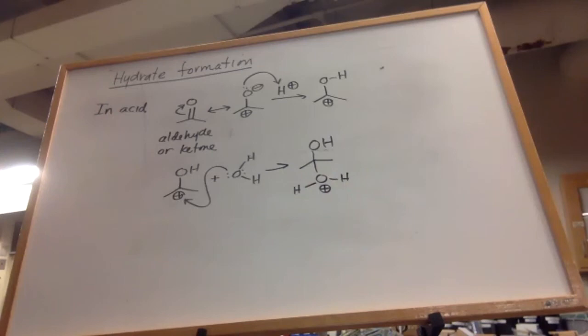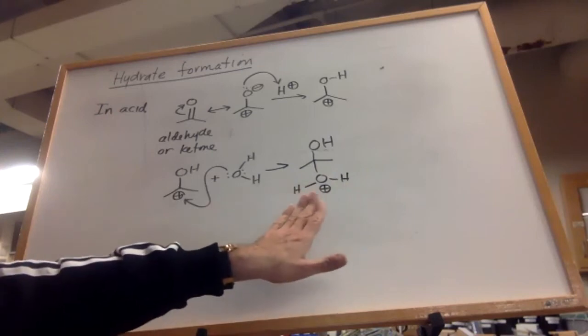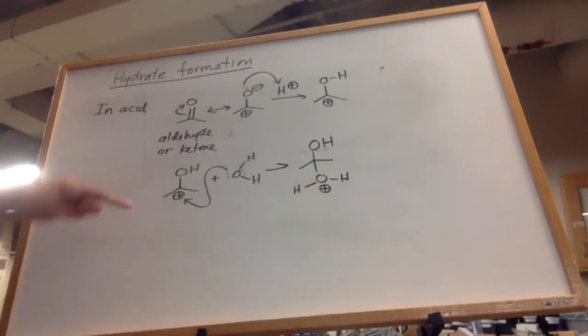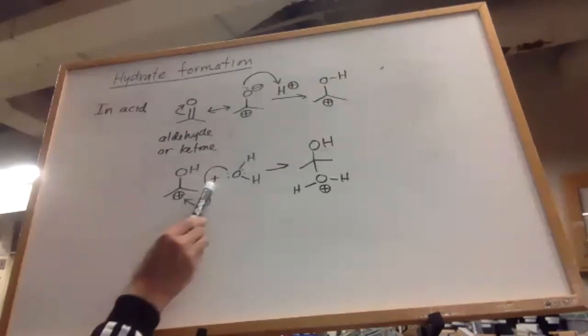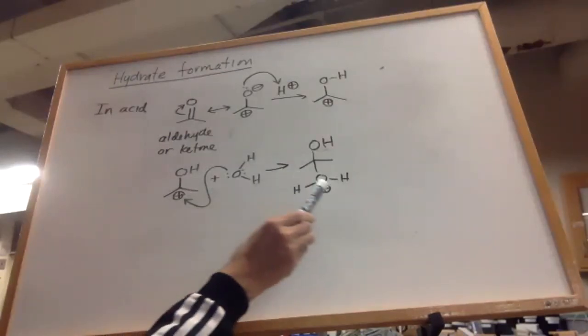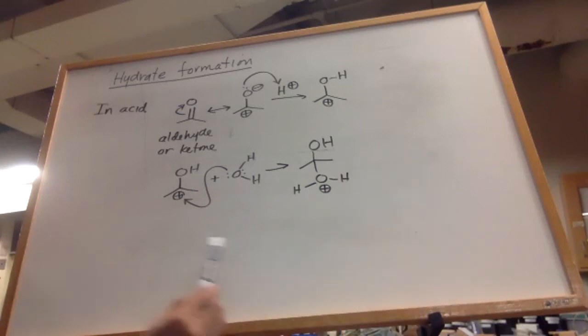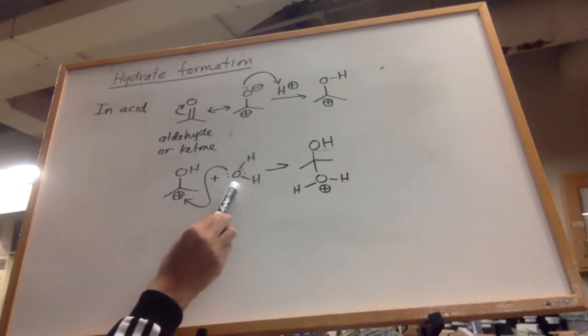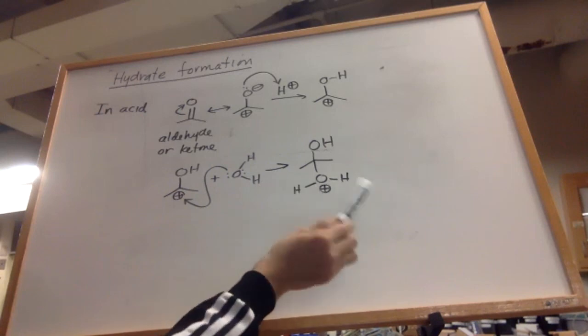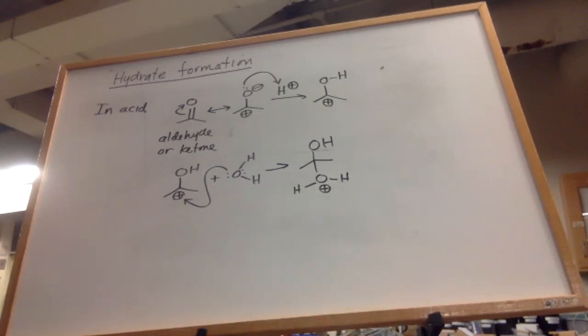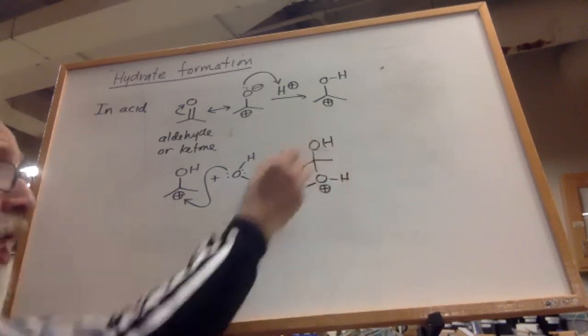Okay, so let's explain a little bit about the structure of this intermediate and why it was written this way. One of the things we believe in is charge conservation. A positive thing plus a neutral thing, the result must be positive. So when a positive thing is attacked by a neutral thing, the result has to have a positive charge on it. So that's why there's a positive charge on this molecule.